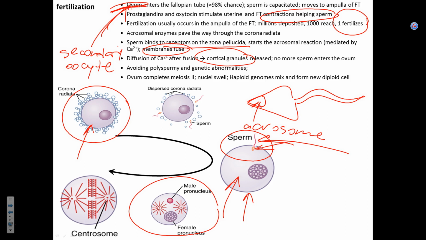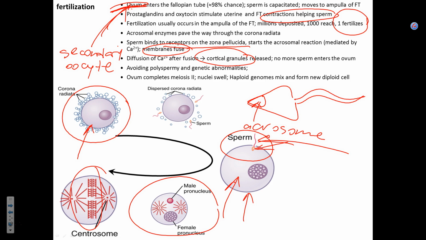Now, when these two cells fuse, you've got, what's the word? Secondary oocyte is arrested in anaphase 2. So everything is lined up. Sister chromatids are lined up on the equator of the cell, but they're not yet separated.